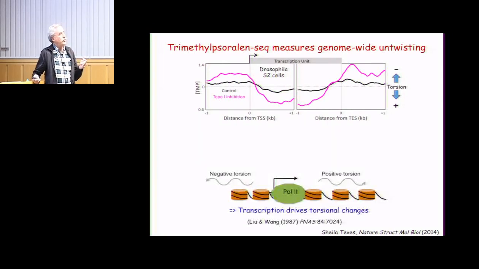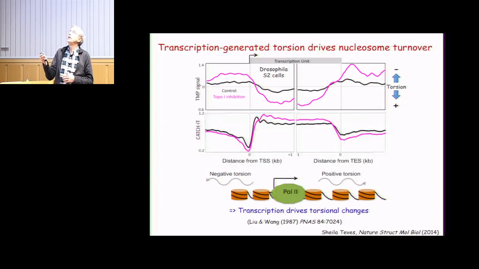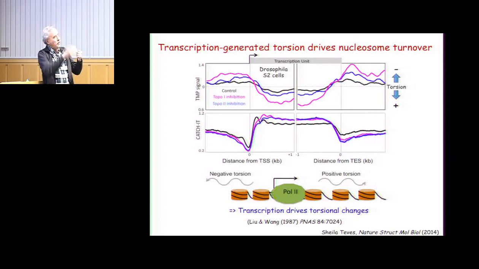Now, what about turnover? We used the ChEC method to measure turnover. And what you see here is that where positive torsion increases, we're seeing more turnover. Where negative torsion increases, we're seeing less turnover. And we see this not only for topoisomerase 1, which acts as a swivel, but also for topoisomerase 2, which carries out a breakage and pass-through reaction.